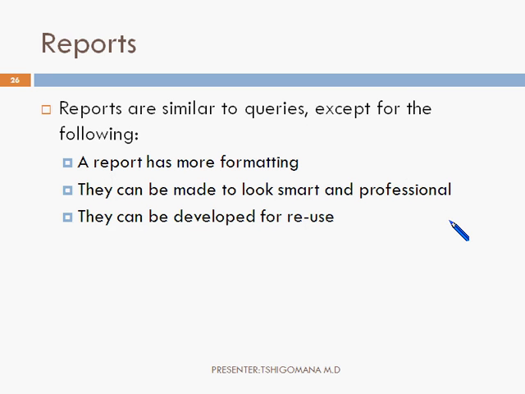In other words, a query is table-like, a dataset. It cannot be made to look smart or professional. Reports can be developed for reuse, which means you can use the report several times, but a query is developed as is and used at a specific instance.